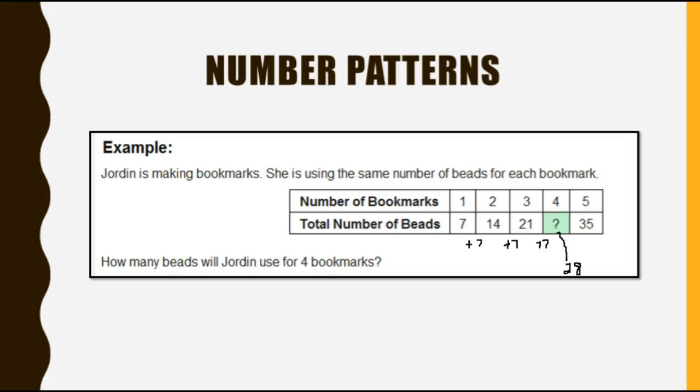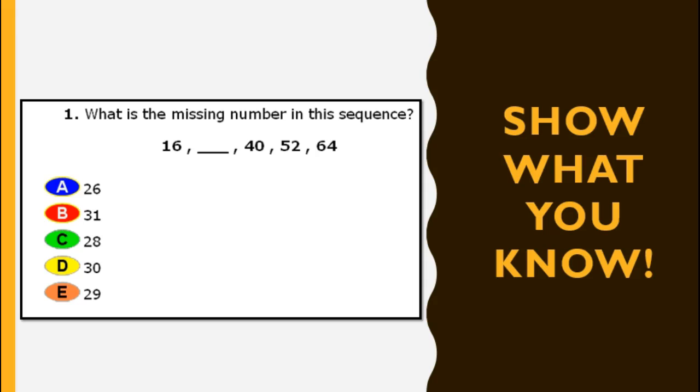But if you notice that, if you look right here, 1 times 7 is 7. 2 times 7 is 14. 3 times 7 is 21. And 4 times 7 is 28. So either way would work and you'd be able to find this answer.